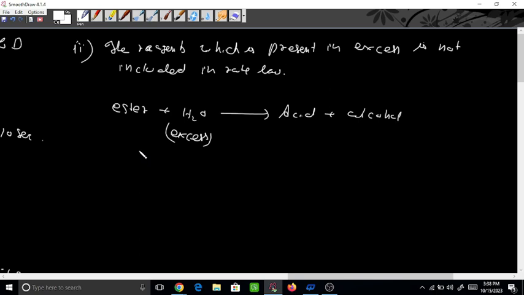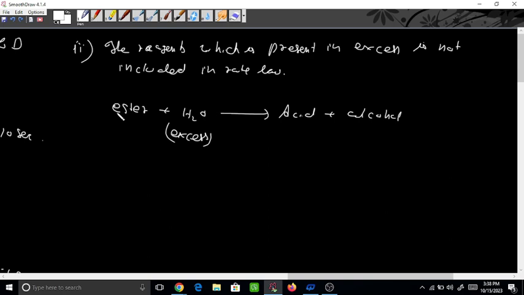Suppose I told you to go beside a river and cook rice there. Your reactants are rice plus water. Water is unlimited, because you are taking it from the river. Rice will decrease, but if you take 1 or 2 quintals of water from the river, will it matter? Water will not decrease. So any compound which is in excess, we do not include in the rate law. However much water you take from the river, it is not going to decrease.